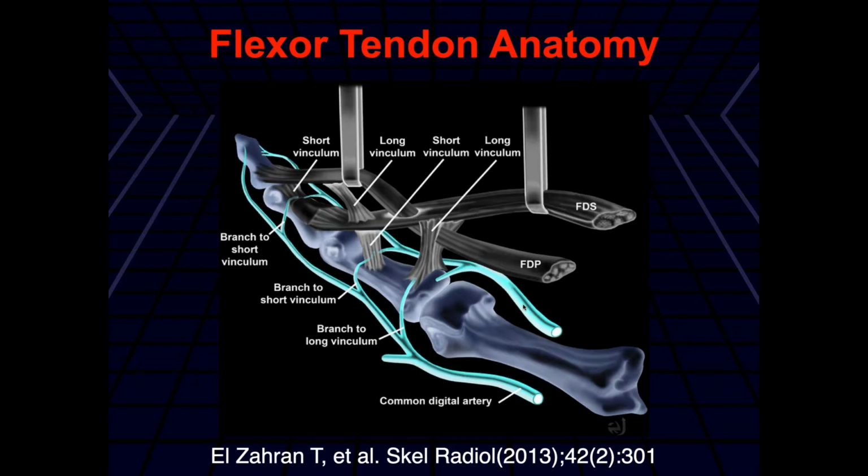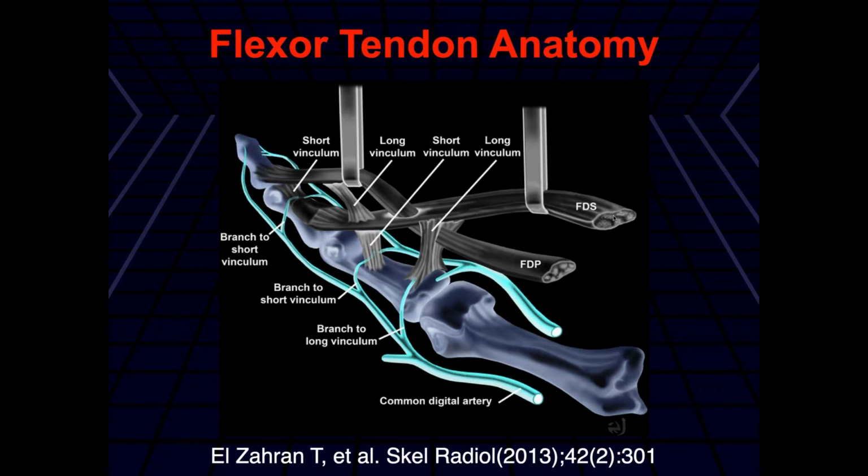So let's talk about the flexor tendon anatomy. Here we can see that the flexor digitorum profundus is the more dorsal of the tendons proximally, but it penetrates the flexor digitorum superficialis at the level of the proximal phalanx, and then extends distally to insert at the base of the distal phalanx.